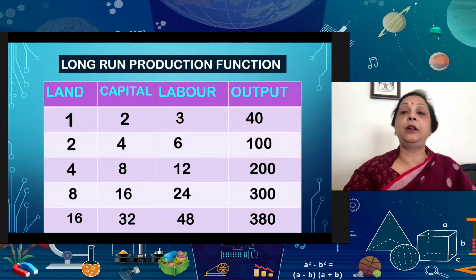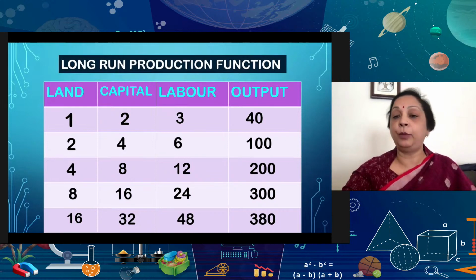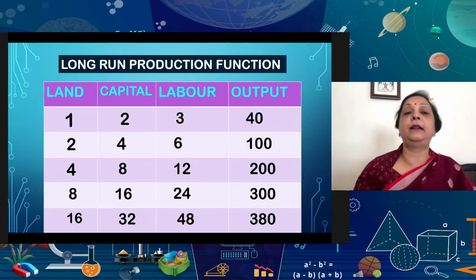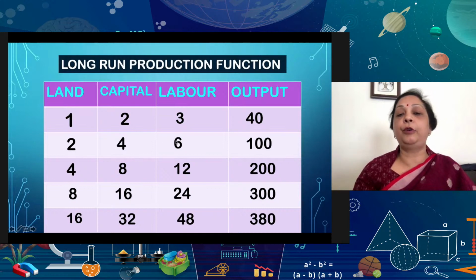Yes, if the technology advances, then probably you can produce more than that. But with the same technology, you can produce only 40 units if you choose this combination. If you choose this particular combination, 2, 4, 6, you will get maximum 100 units of output. If you choose this combination, 200 is the maximum output you can produce.